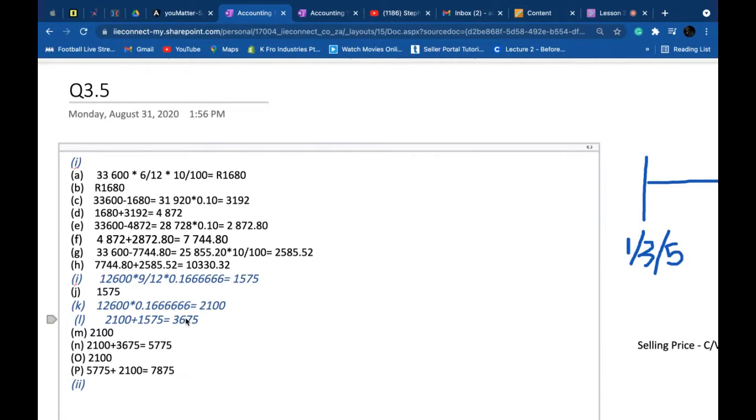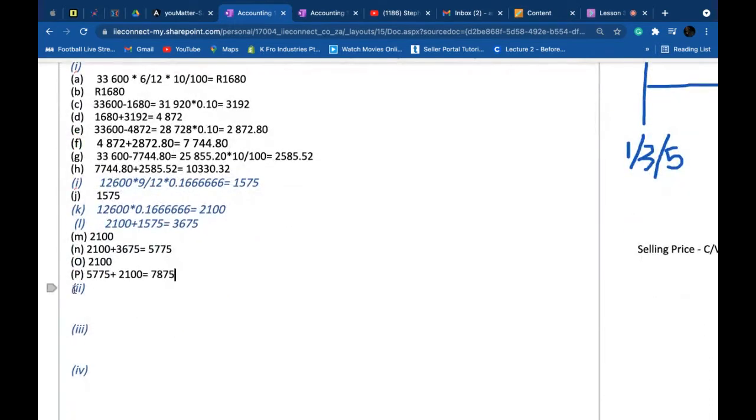Actually, the second bit, they're saying calculate whether you made a profit or a loss on the switchboard. Did we make a profit or a loss? Profit. How do we know that we made a profit? What was the selling price over there? Okay, 22,500.